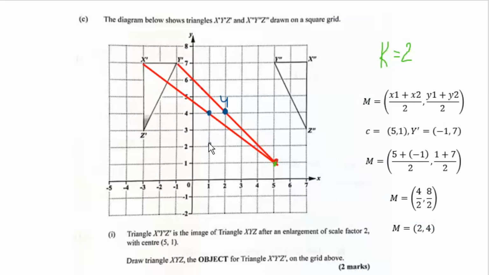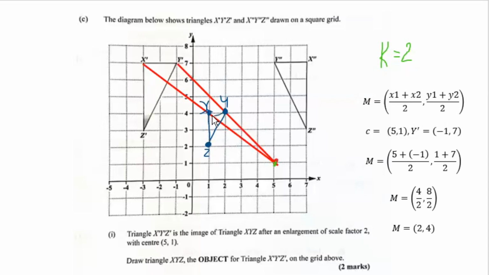So this is where my z would have been, because remember, all of this is enlarged by 2. So it's basically 2 units being multiplied by 2, which gave us 4 here. And this was 1 unit being multiplied by 2, which gave us 2 units here. So this is z, and this is x. So this is where my object would have been.